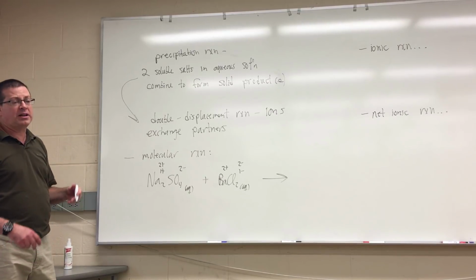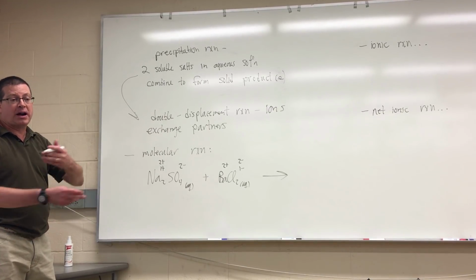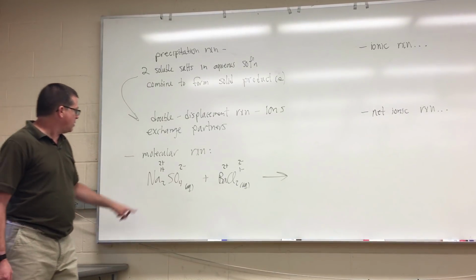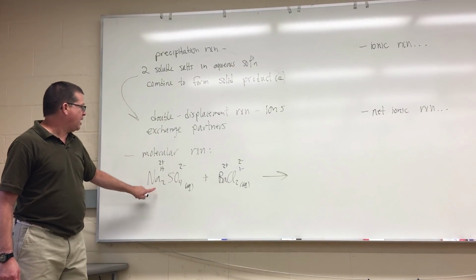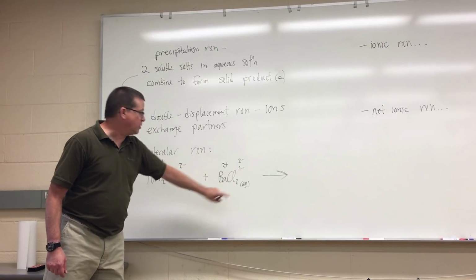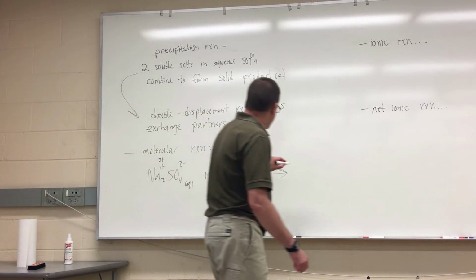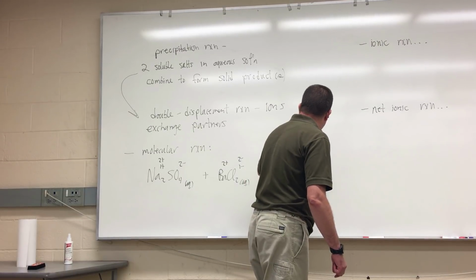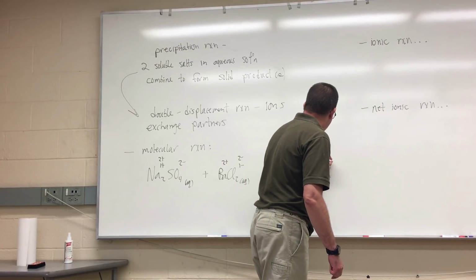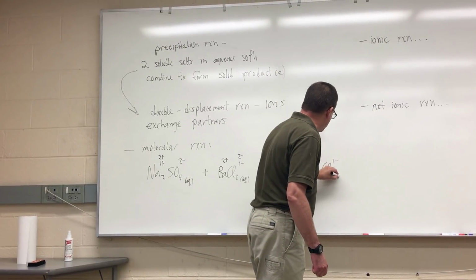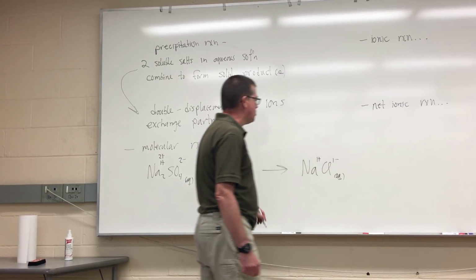Now I'm going to predict my products by letting the ions exchange partners. The sodium will let go of the sulfate and grab the other anion, the chloride. So one product I would expect is a combination of sodium ion, 1+, and chloride ion, 1-. That happens to also be soluble, as you know, so I'll put (aq) there.